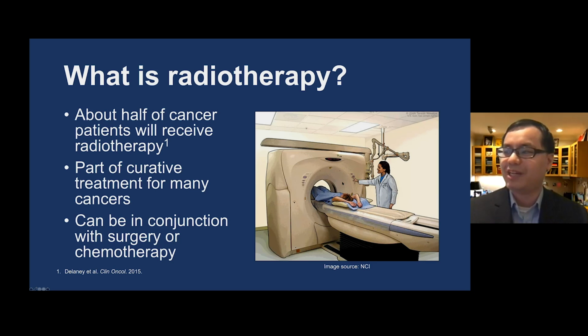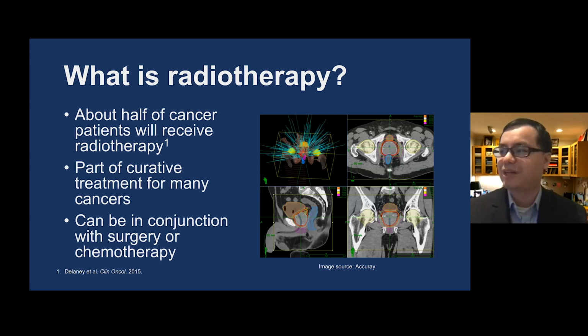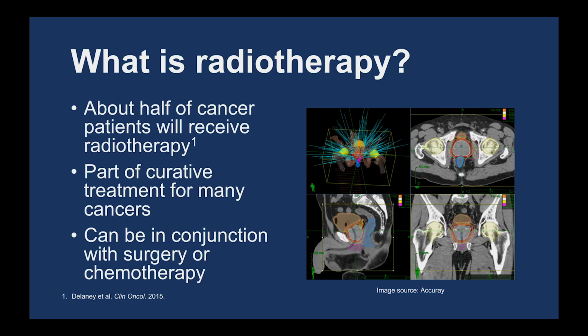On a routine basis, when we treat patients, they come in for a CT scan that is used to scan the patient and facilitate the careful planning of a radiation treatment plan. Through the CT scan and then a number of computational steps, we develop a plan that allows us to deliver radiation where we want it and prevent it from going to areas that we don't want it to go.